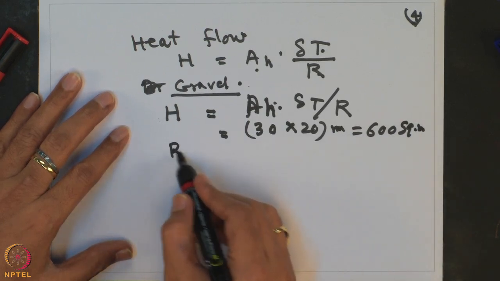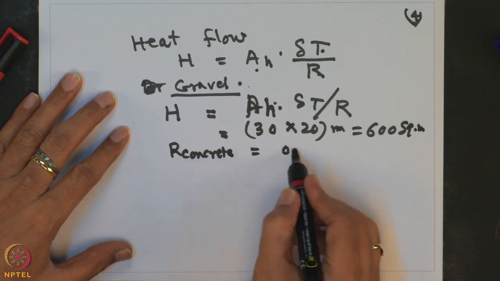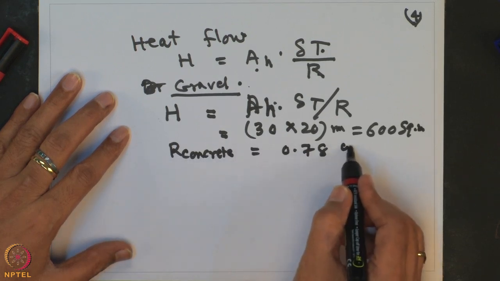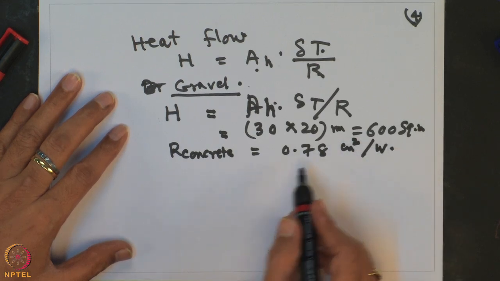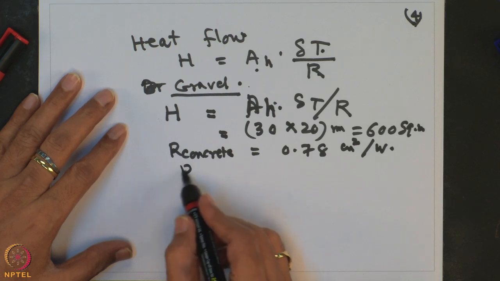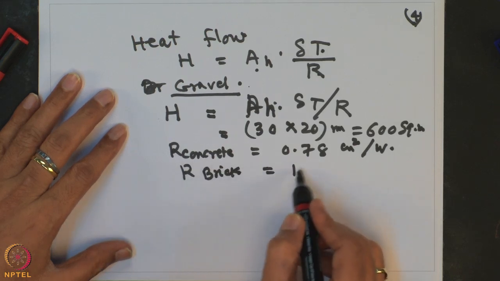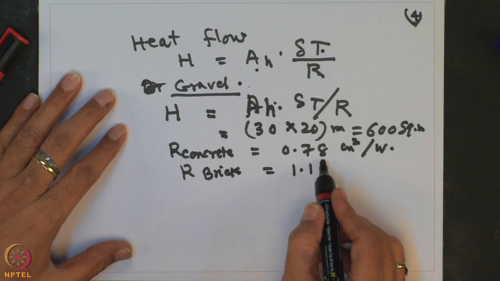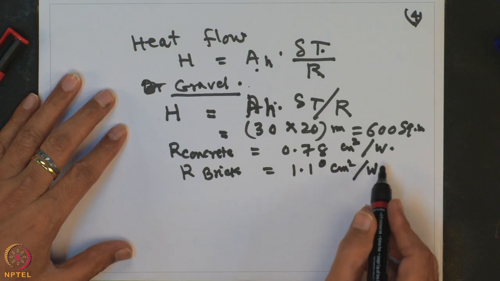R of concrete is 0.78 and R of brick is 1.1 degree centigrade meter square per watt.